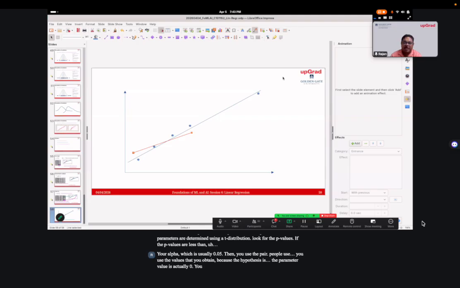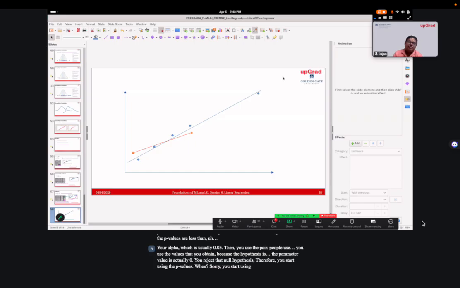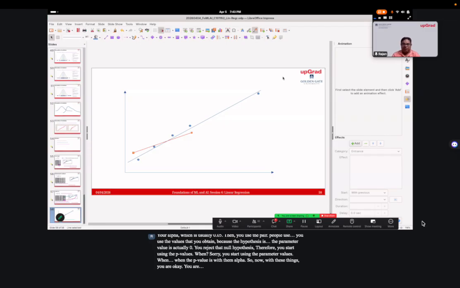Therefore, you start using the parameter values when the p-value is less than alpha. So now with these things, you are okay. You strongly believe that your model is usable.